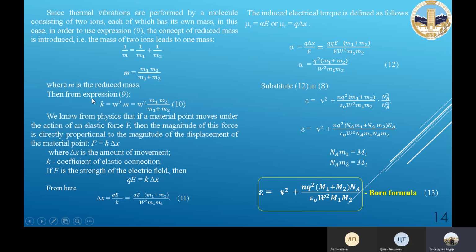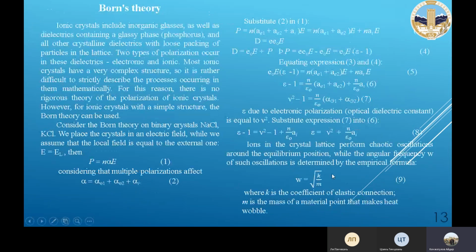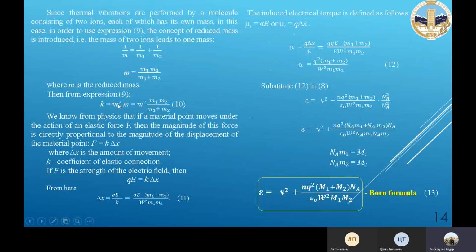Then from expression 9 we have this formula. From 9 we have formula 10.